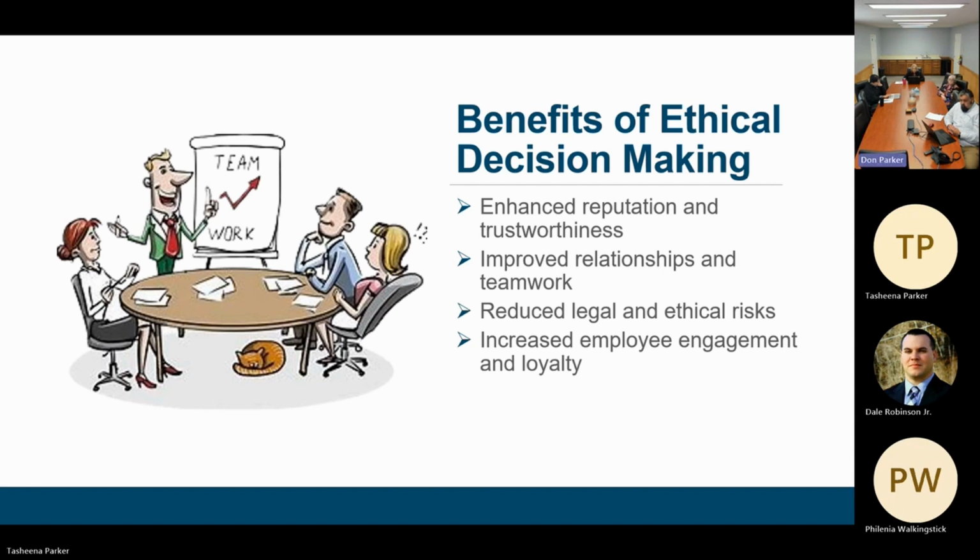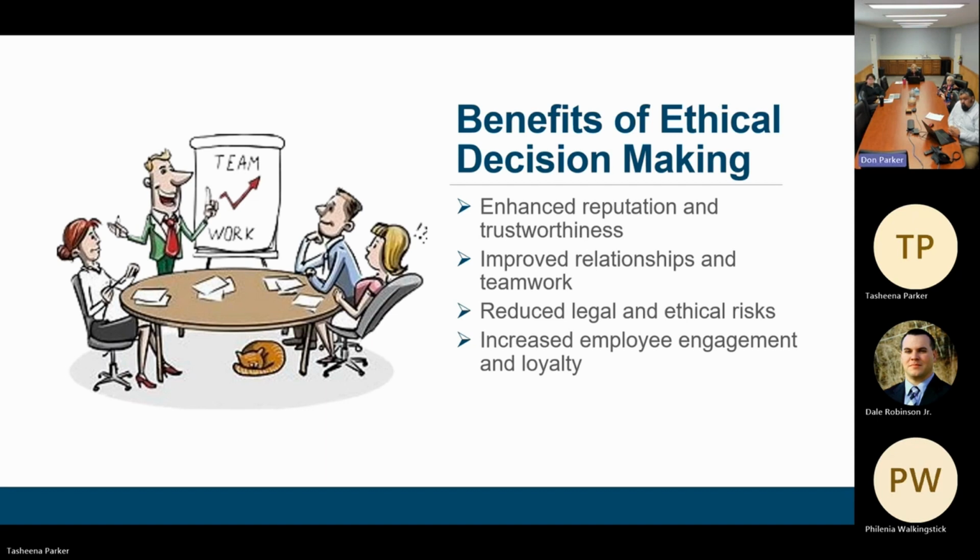Improved relationships and teamwork. Ethical decision-making fosters an environment of mutual respect, fairness, and cooperation. When choices align with ethical principles, it promotes positive relationships, effective communication, and collaborative teamwork, leading to a harmonious and productive work environment.